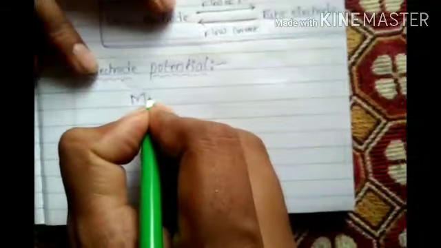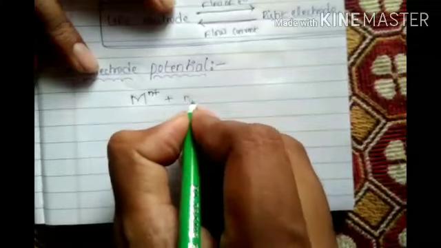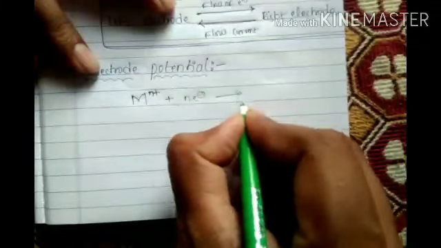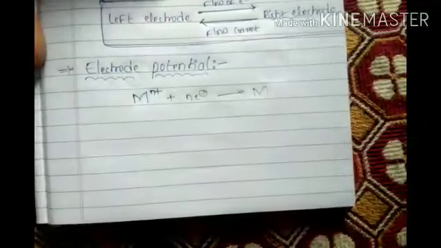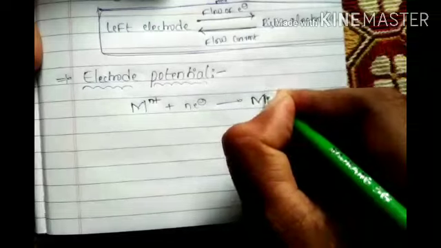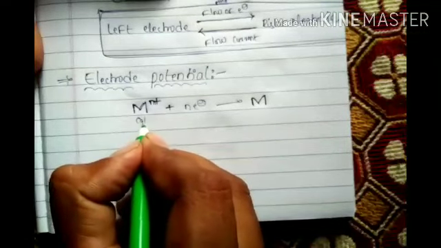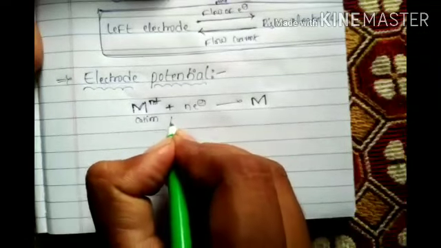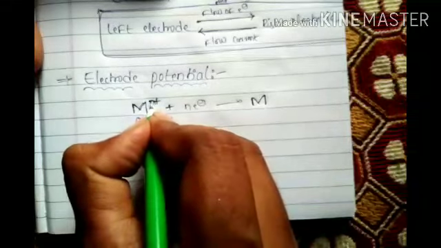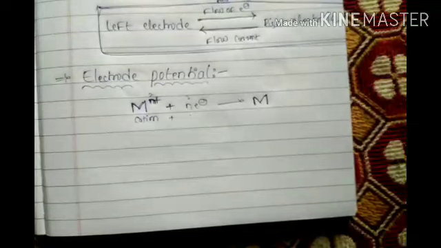Mn+ plus n electrons gives M. This is the cation, and it is taking n electrons. Here n, how much will come? For example 2, here 2 electrons will come.